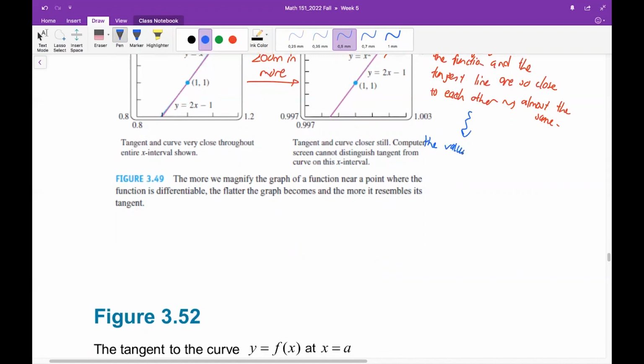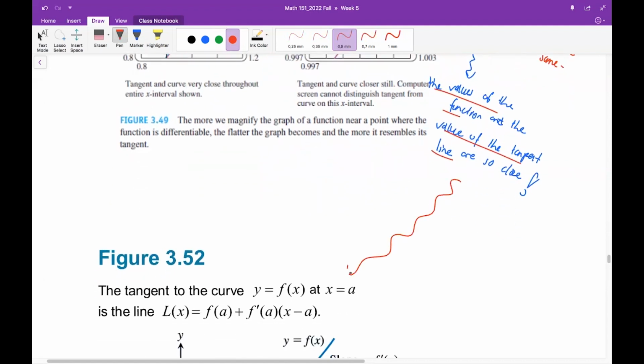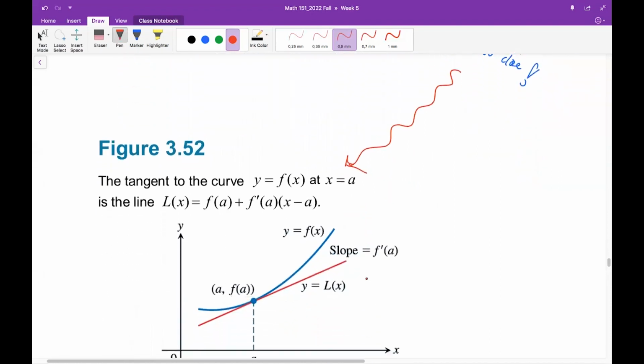The values of the function and the values on the tangent line are so close to each other. So let's use this information to construct the linearization function.